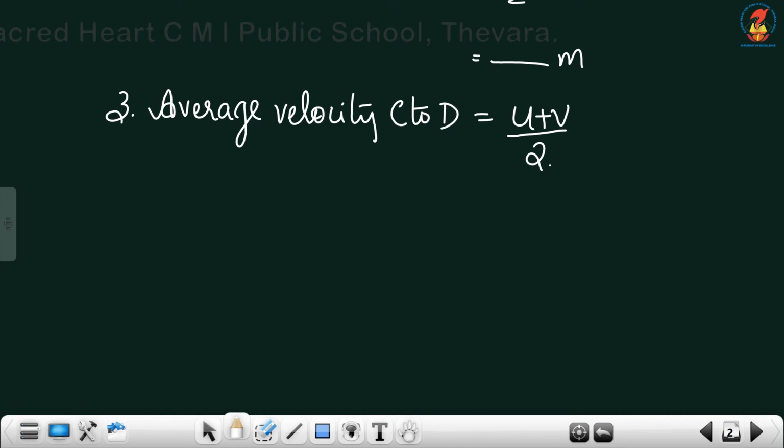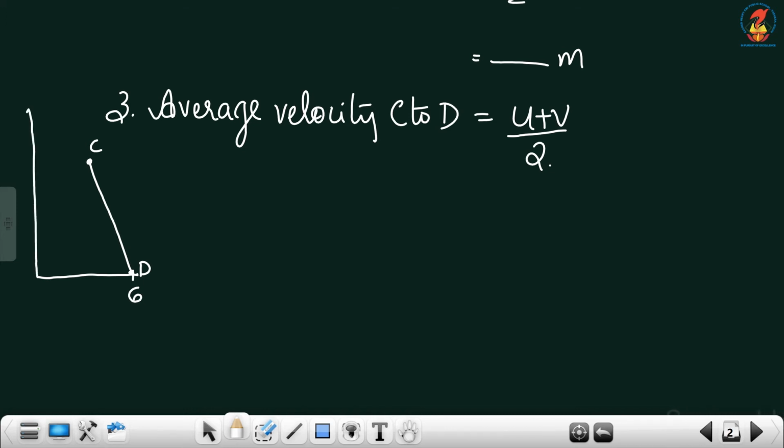So, I will draw the graph again here, just that portion. This is C, this one is D, this point is 6, 0 on the x axis, and this value here is 16 meter per second. I will take it as 16 meter per second.